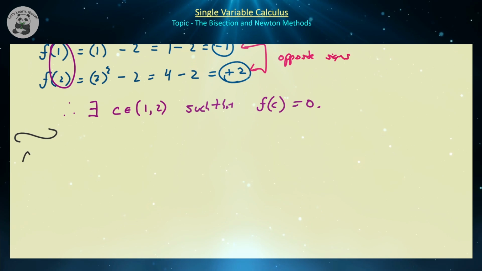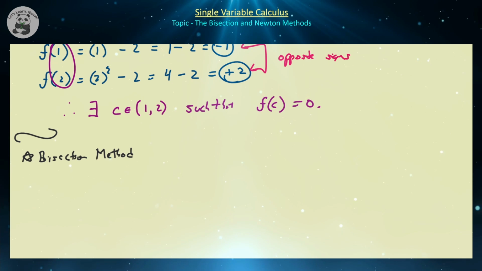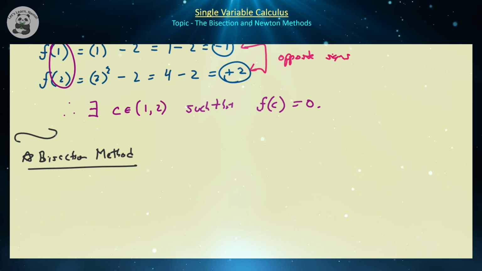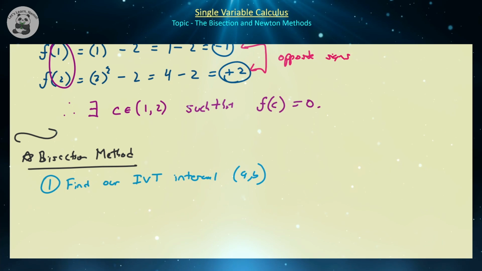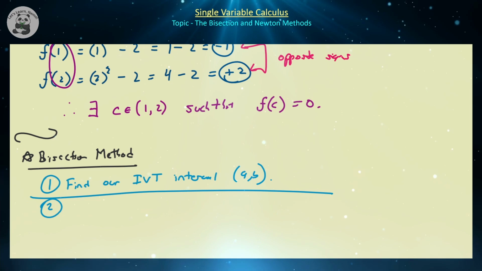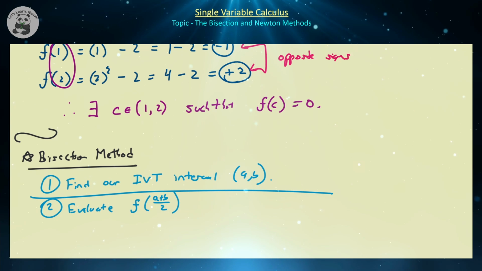So let's formally state the steps of the bisection method. Some people call it the bisection iteration method. The first step is to find our intermediate value theorem interval A and B. The second thing we need to do is to evaluate f of (A plus B) over 2.